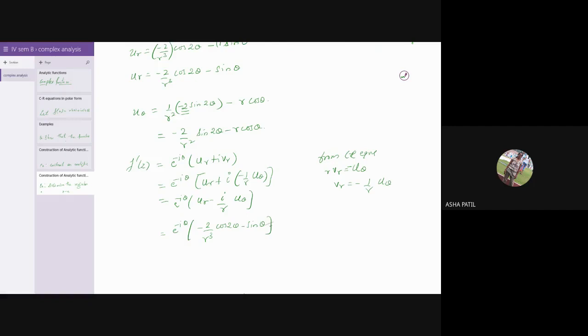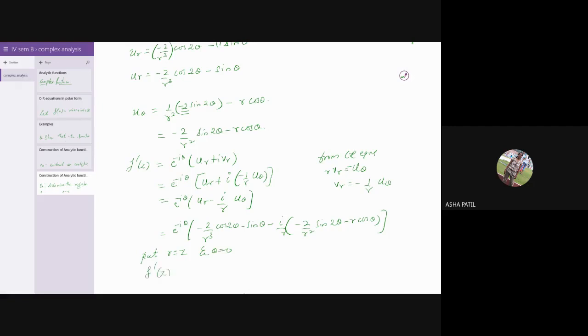Substitute for u theta: minus i by r, what is u theta? Minus 2 by r square sin 2 theta minus r cos theta. Now put r equal to z and theta equal to 0.